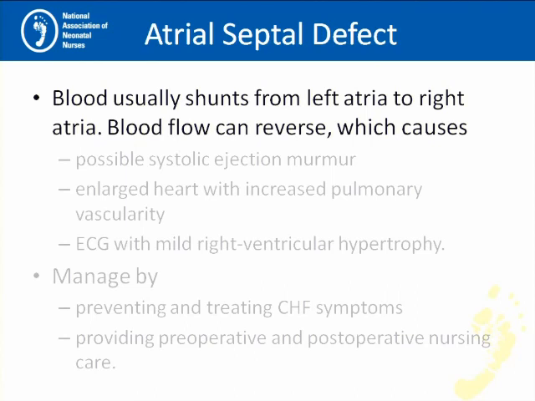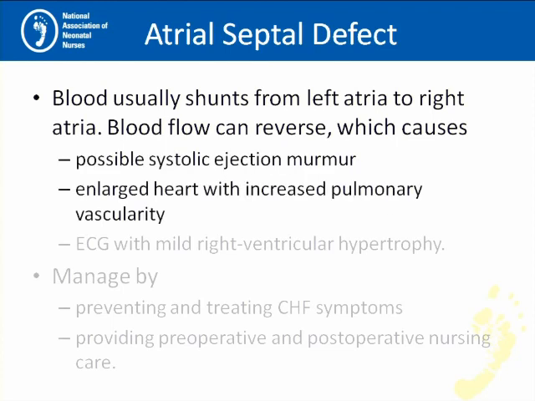Blood flow can reverse if blood flow into the right ventricle decreases. This causes a possible systolic ejection murmur, which is usually asymptomatic, an enlarged heart on the chest X-ray with increased pulmonary vascularity if the infant has congestive heart failure, and the electrocardiograph shows mild right ventricular hypertrophy.